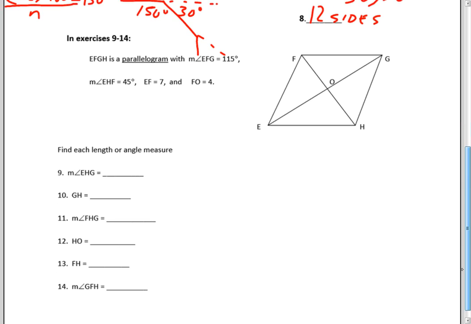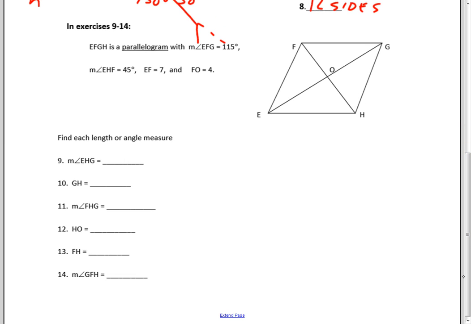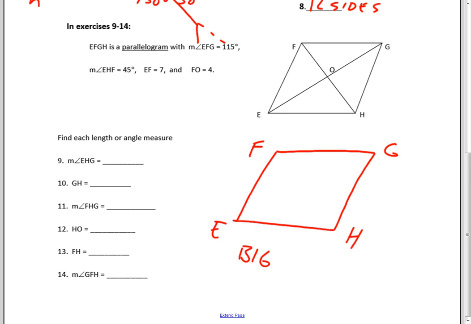Even if you got these problems right for 9 through 14, after we're through, I would recommend redrawing the figure right below it, F, G, H, E, just so you get an idea of the big picture.